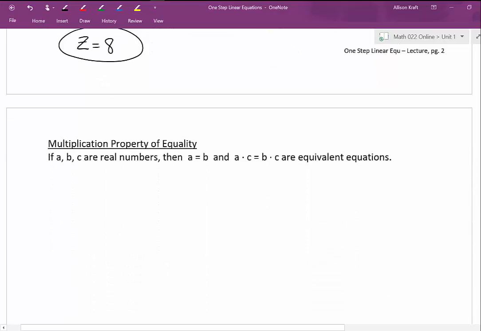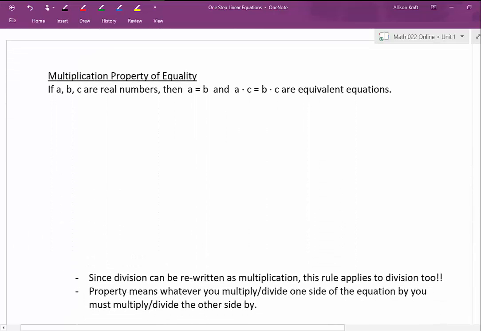There's another property that we use to help us solve linear equations, and that property is the multiplication property of equality. It's very similar to the addition property of equality. If I start with two things that are equal, I go back to my stacks of money.